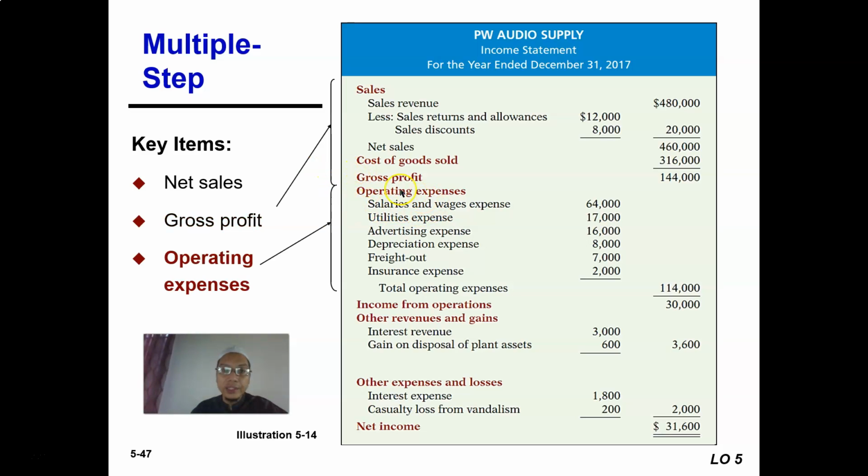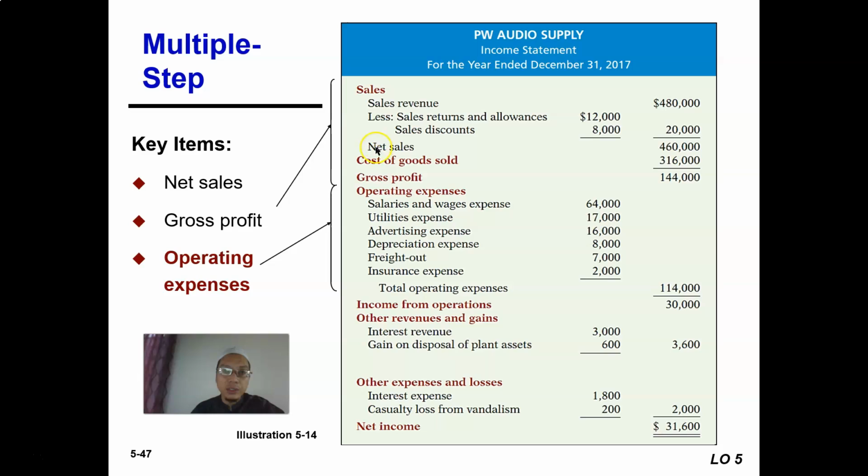The following section is our operating expense. After we obtain our gross profit, which comes directly from the sale, it's a matching between the sales and the cost of goods sold. But we also have other expenses that need to be undertaken in order for the business to run. So we have salaries and wages expense, utilities expense, advertising expense, depreciation, freight out, and insurance expense.